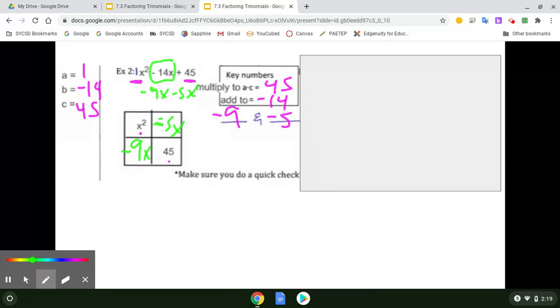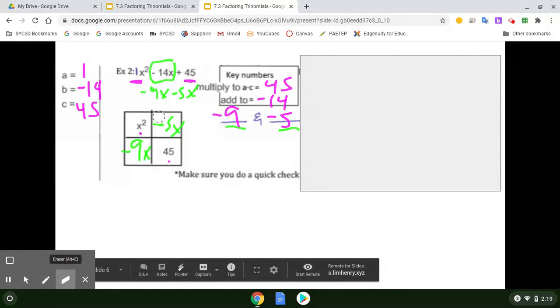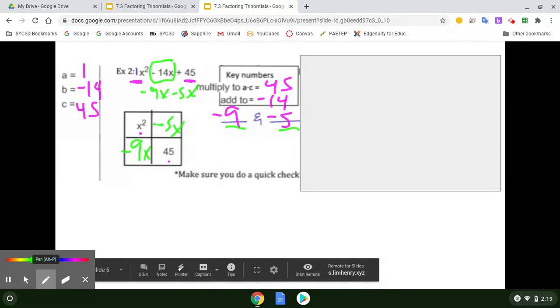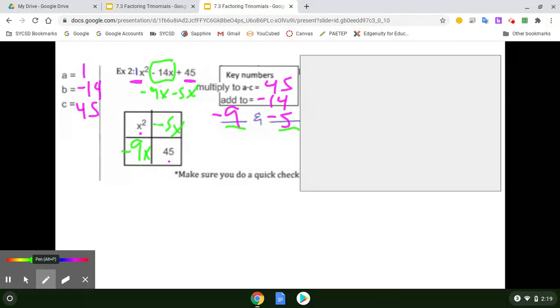So remember, we're just breaking up the negative 14x, and those two numbers have to multiply to 45 and add to negative 14. So that gets us negative 9 and negative 5. So what is now inside of our rectangle adds up to what we originally started with, which is x squared minus 14x plus 45.